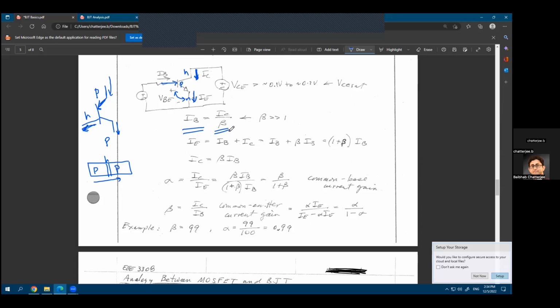And that ratio is your beta ratio. That is, what's the requirement of your base current and what is the current that is flowing from your collector to emitter, or what is the amount of carriers that are flowing from your emitter to the collector. That gives you the ratio beta. So it's not the equation that governs the physics of the device, it's the physics of the device that governs the equation.